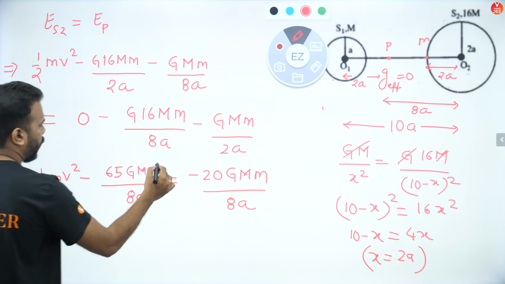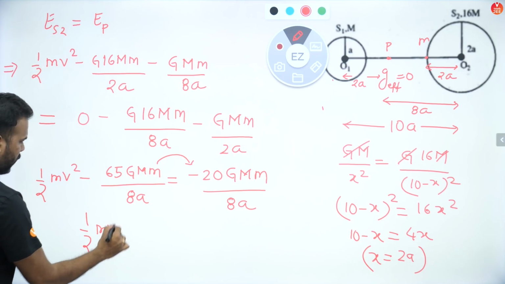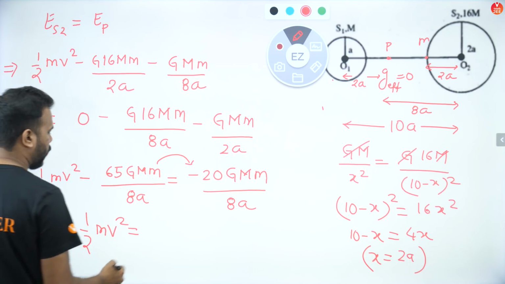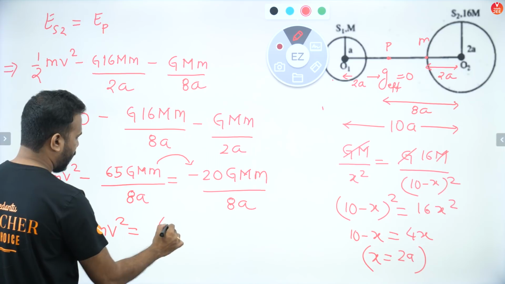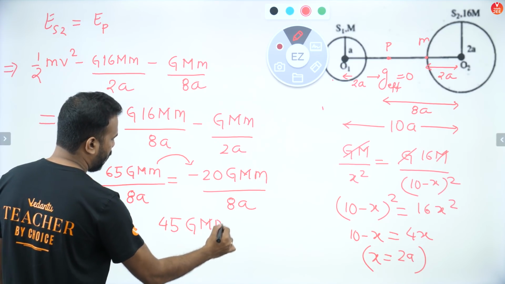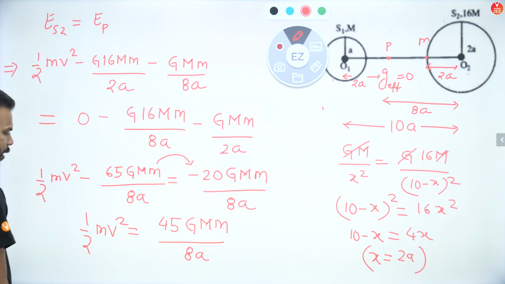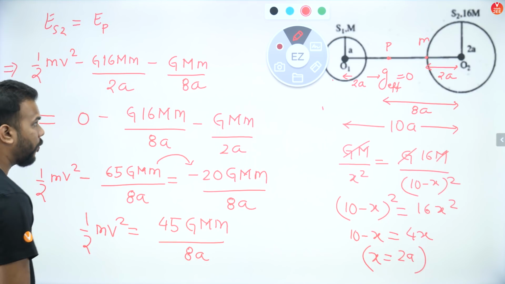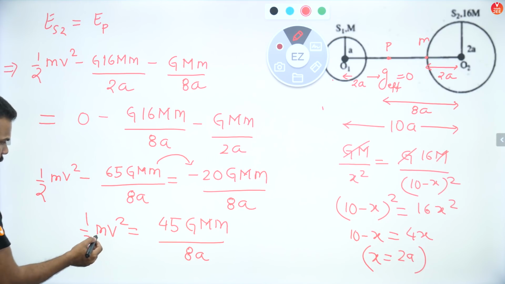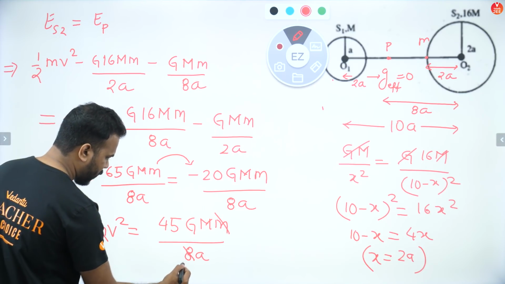Okay, now what you do, you bring it this side, so you get half mv square is equal to 65 minus 20, that is 45 G capital M small m by 8a. That is the expression of kinetic energy when the body has to start from the surface of star 2. So now you can cancel this small m, you can cancel this 2 with this, this is 4.